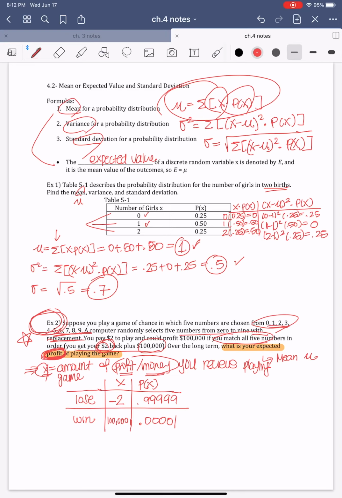Once you identify x, you have to identify the numerical value associated with x. In this case, the profit is either gaining the 10,000 or you could lose, so you have a -2.